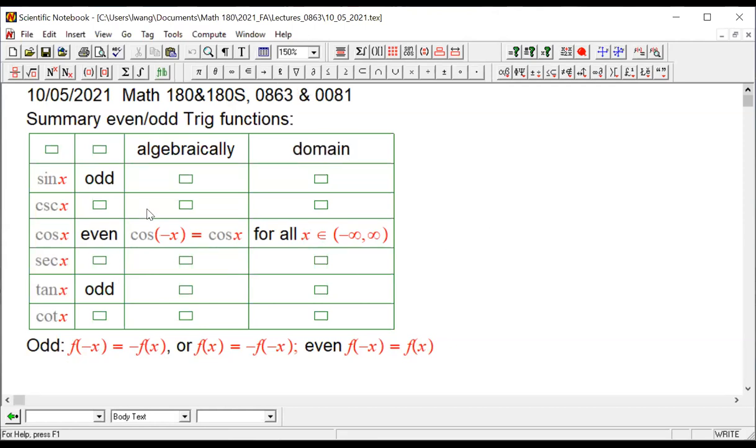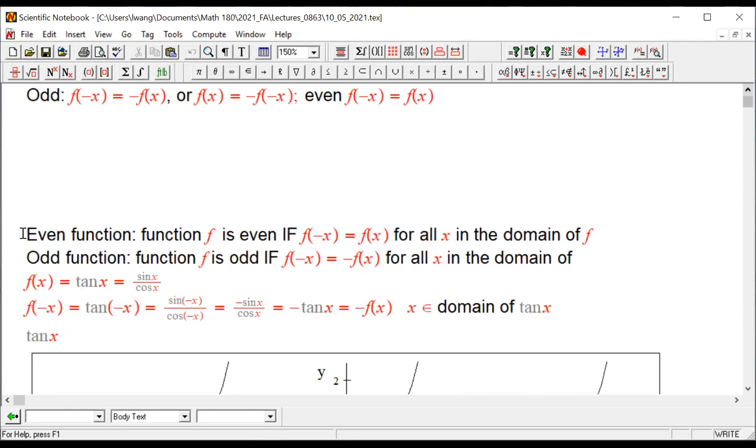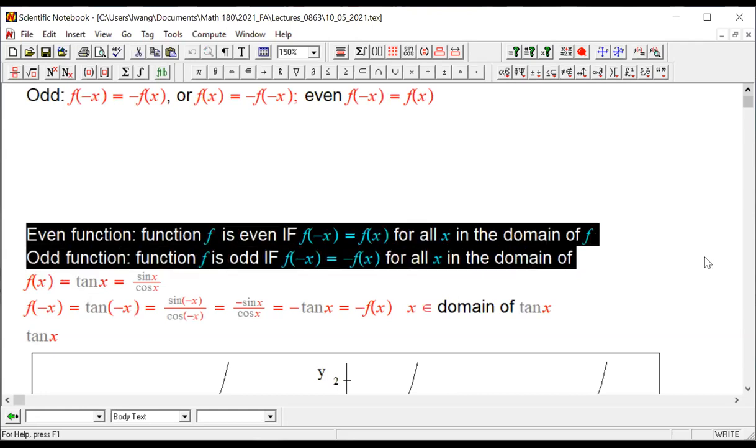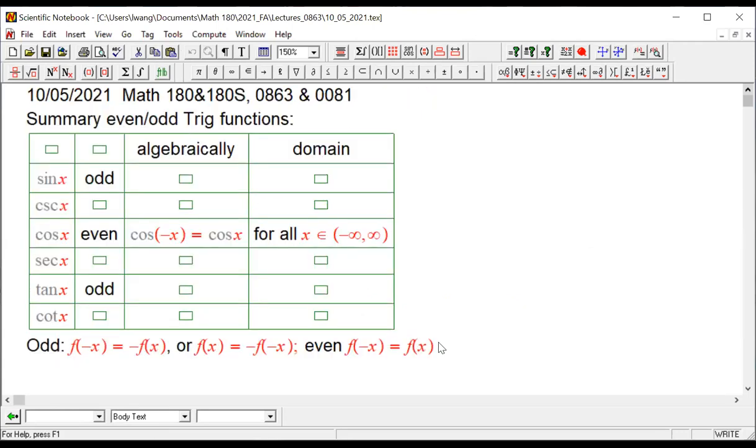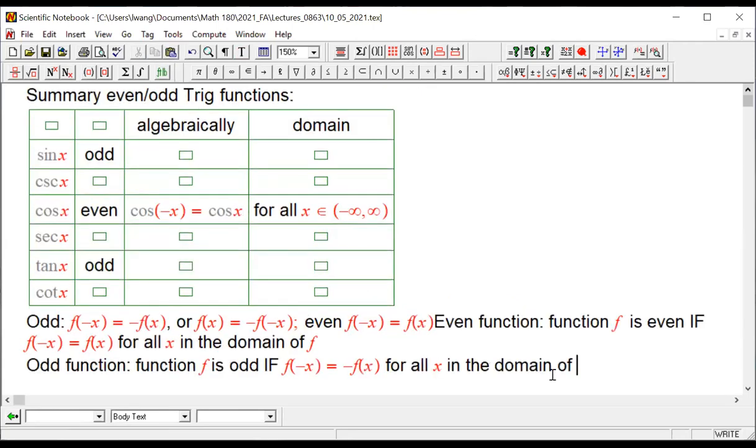So I basically covered even odd; we go by the definition of even and odd functions on the domain. It's the definition, okay? So now you need to fill out all the blanks.